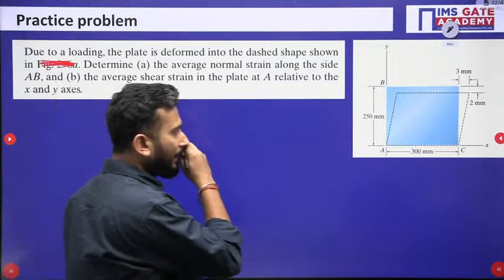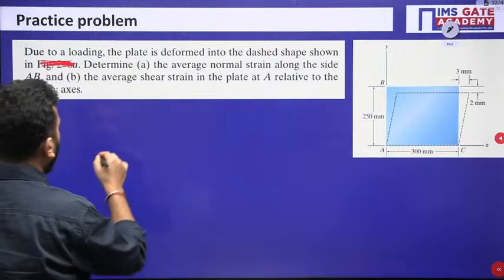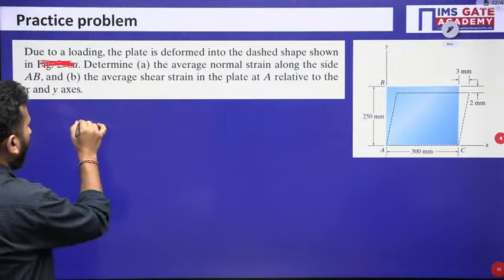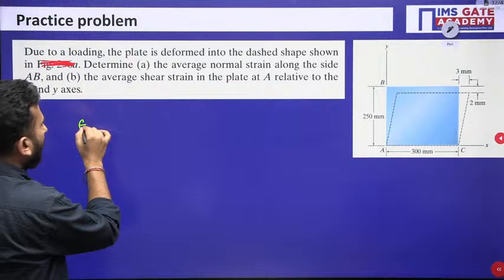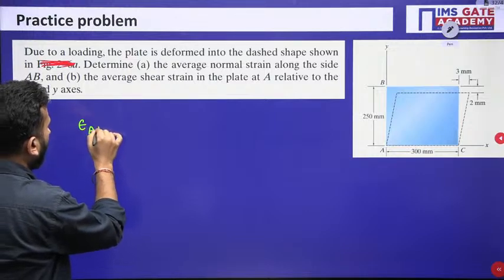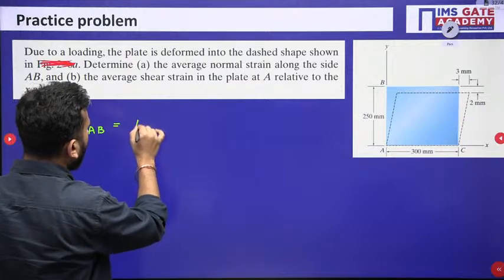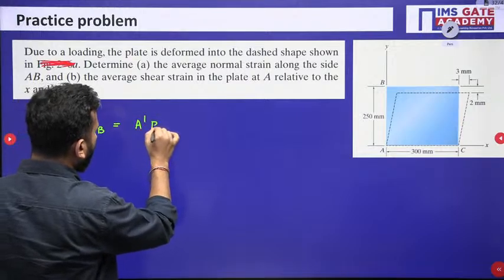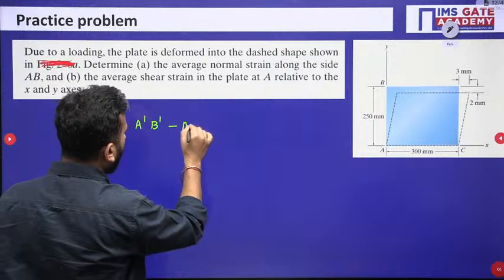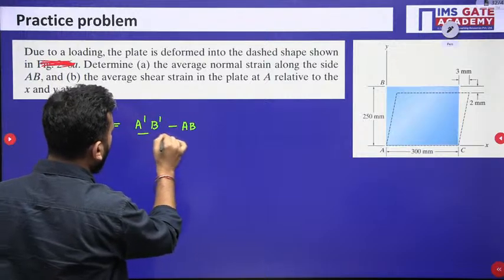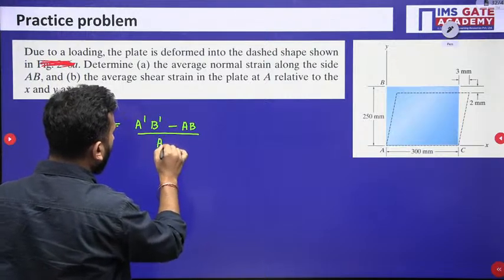So my dear friends, what was the formula for average normal strain? The average normal strain along any axis, so let's say for AB, will be the final length minus the original length, divided by the original length.